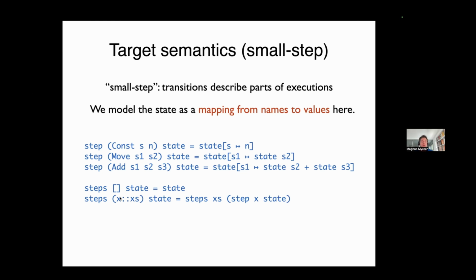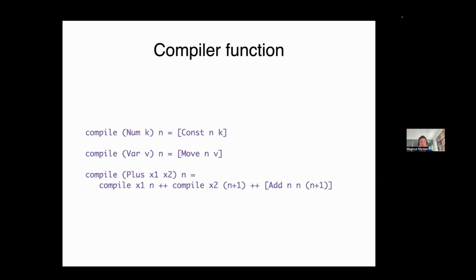Otherwise, there's a cons in the list of instructions. We evaluate the first one to get the state after the first, and then we do the rest of the instructions by recursion. So this is the target semantics, and the compiler function we will verify.